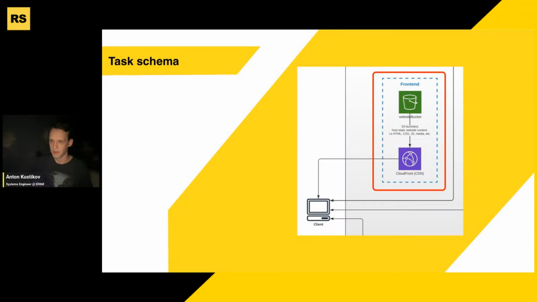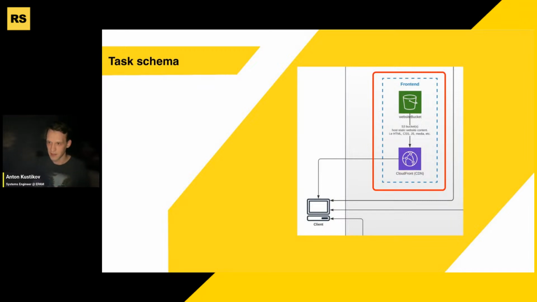Now the second part of this task is the task schema. As you can see, it's quite simple. It's just CloudFront, our CDN, and the URL which you get from the CDK. It provides us with the URL which we can use to access our application.